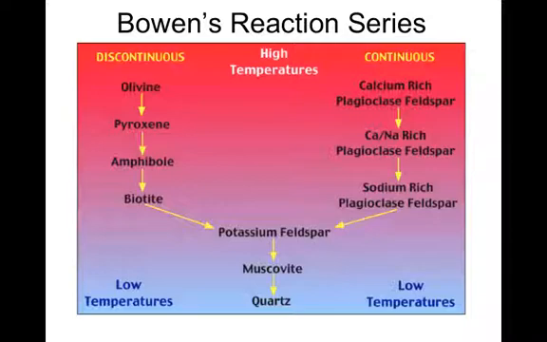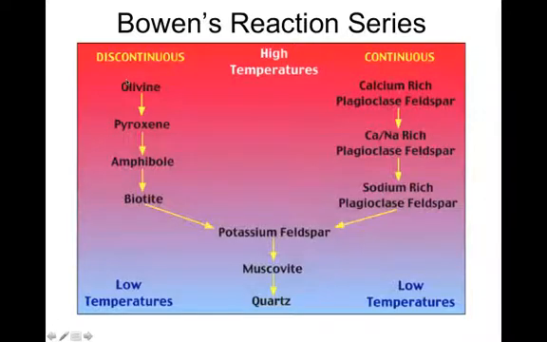And Bowen's reaction series describes the order in which minerals crystallize, from the highest temperatures up at the top of Bowen's reaction series down to the very last bit of melt left, when the melt is at the low temperatures.